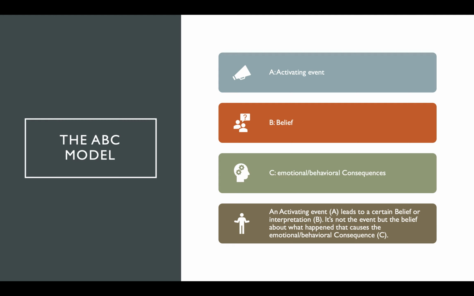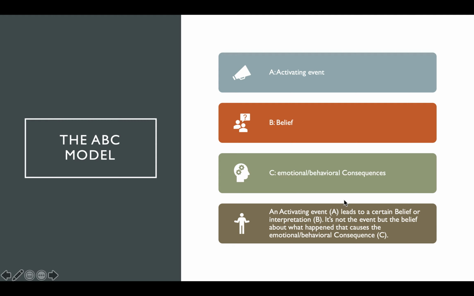But okay, let's look at the model here. There is the ABC model. It's very famous in the cognitive approach. A stands for activating events. So something happens. B is the belief, how you interpret that event, your belief about what happened.